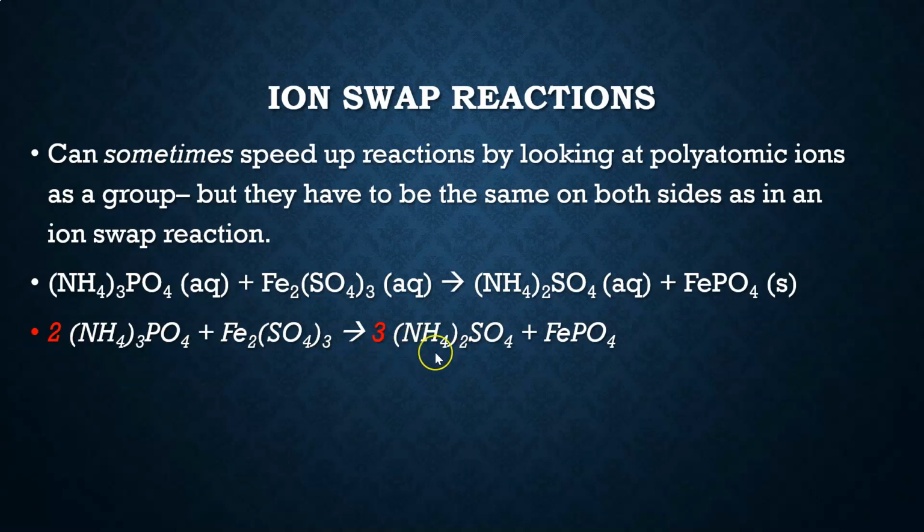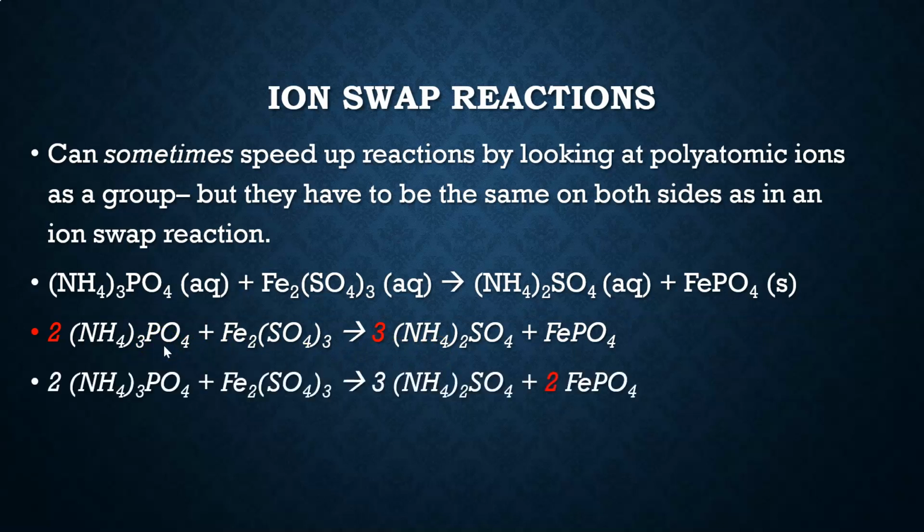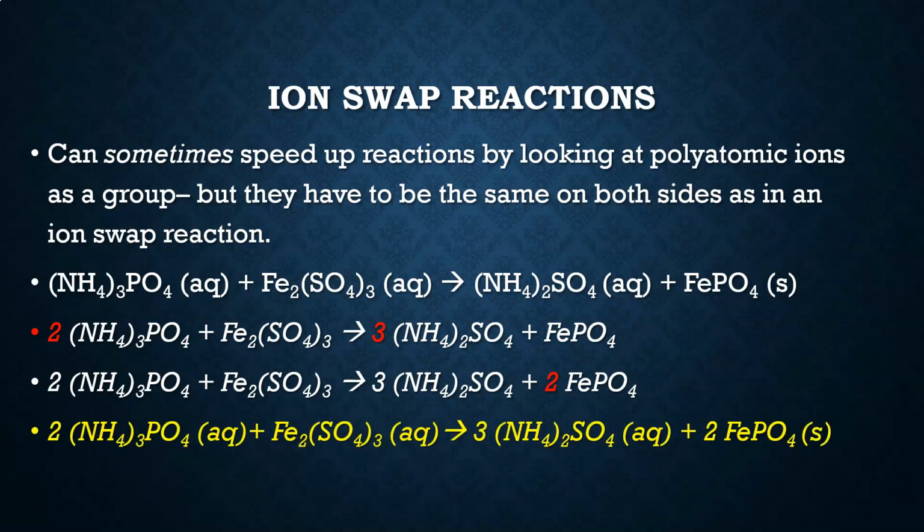Once I do that, I notice now I have 2 phosphate ions in the reactant side. I need to fix that on the product side. Once I do that, now everything else balances. There are 2 irons on both sides and 3 sulfate ions on each side.